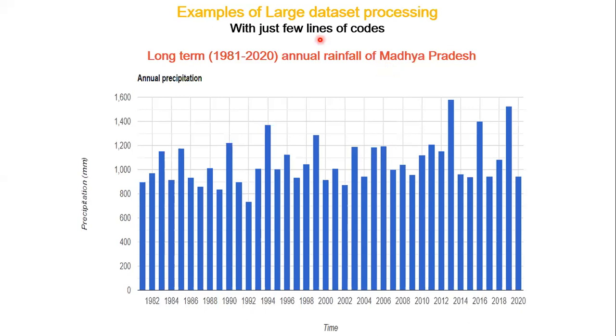Can anybody respond if your mic is on? Yes, sir, mic is on. Okay, can anybody tell me, if I give you a small exercise to extract the yearly rainfall amount of any particular state for 40 years with the help of satellite images, how will you do that?